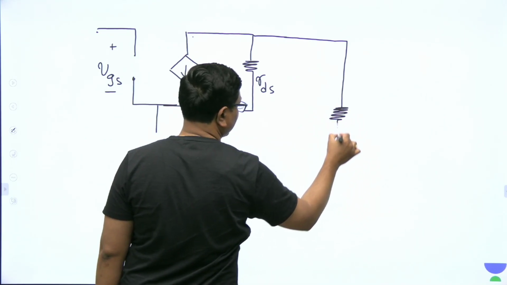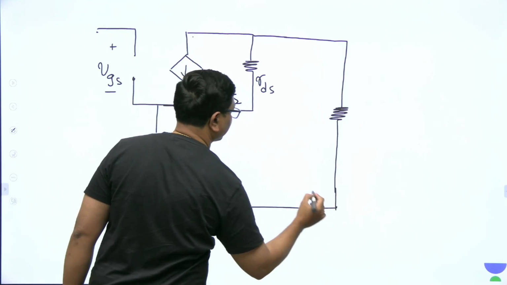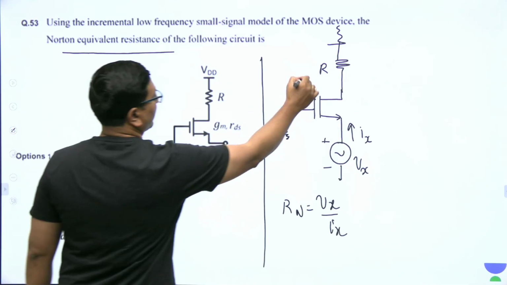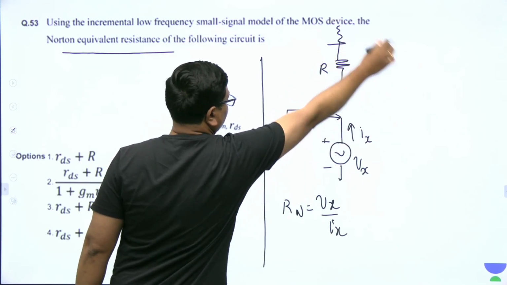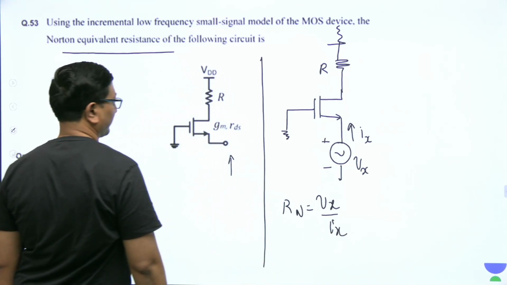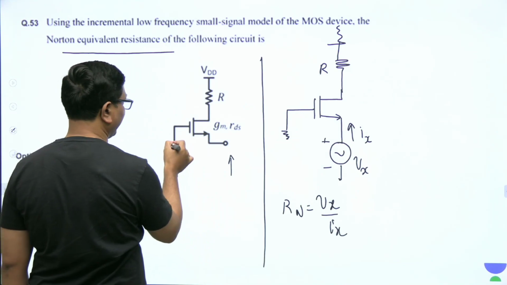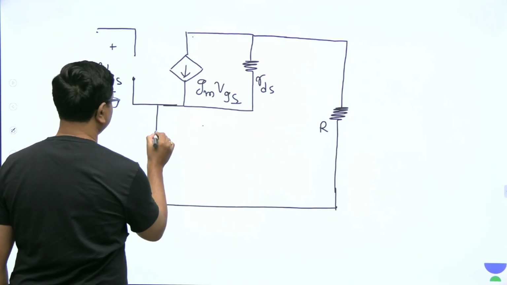Instead of RD they give R, some resistance R, going to ground. R from the drain is going to ground. Ground means instead of showing at the top I am bringing it to the bottom. Next, from the source is Vx, and the gate is anyway connected to ground.